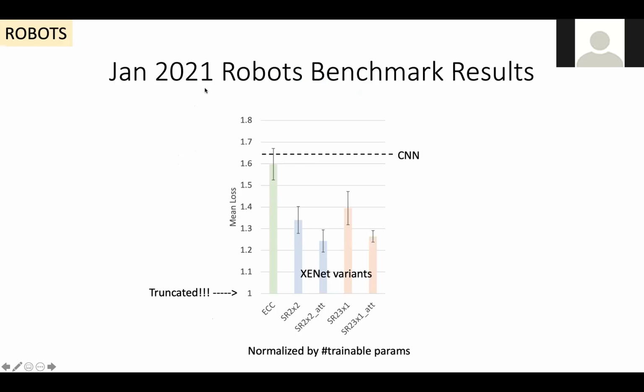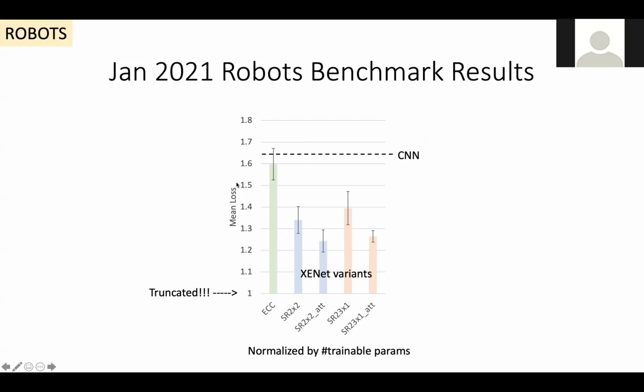But back in January, and I didn't beautify this too much, I took the robots problem and trained it using a CNN and ECC, edge conditioned convolution, which is still the academic standard for graph convolutional neural networks that have edge attributes, as opposed to just Boolean edges.